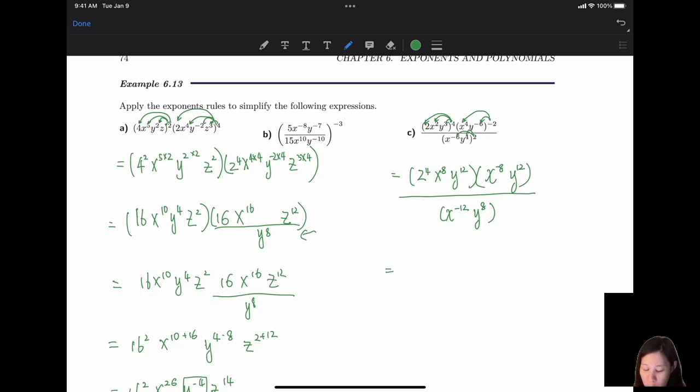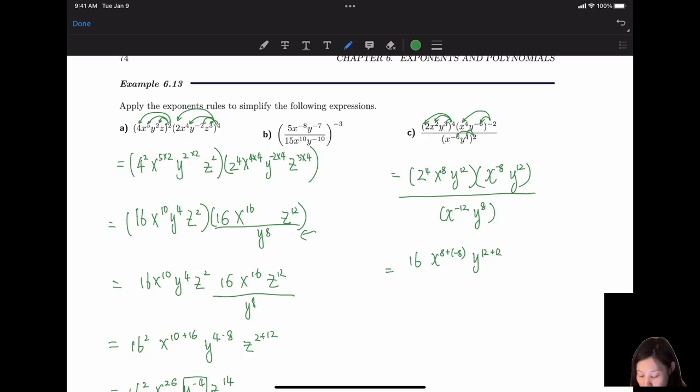So, okay, I'm going to merge all the like terms together. So I have 2 to the 4th power, which is 16. And then x, we merge the like terms together. X to the 8th. This is add because of multiplication. You add a negative 8. And then y to the 12th.